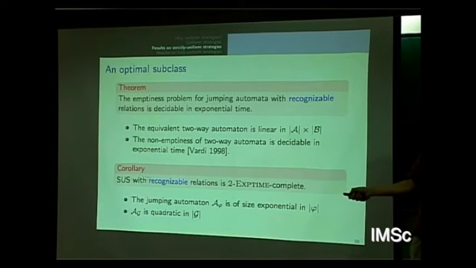So this gives that when you restrict to recognizable relations, the strictly uniform strategy problem is 2EXPTIME-complete. Because this automaton is exponential in the size of the formula, and this is quadratic, when you take the product, it's still exponential in the input, and then deciding the emptiness is exponential.